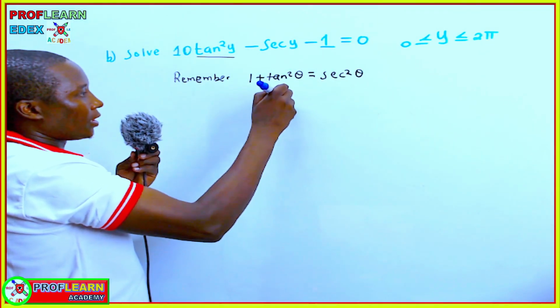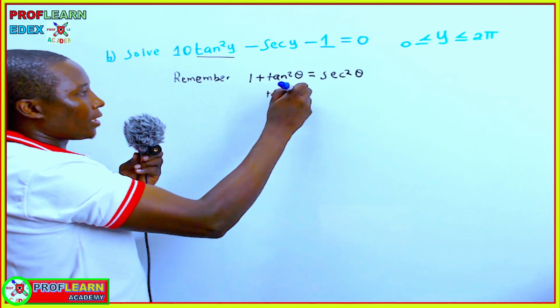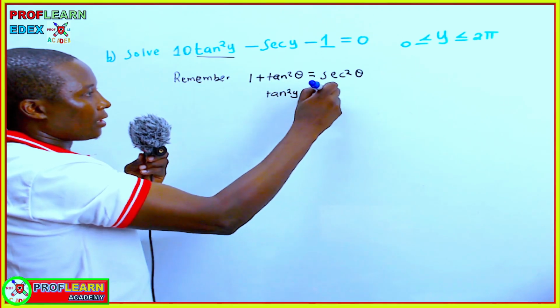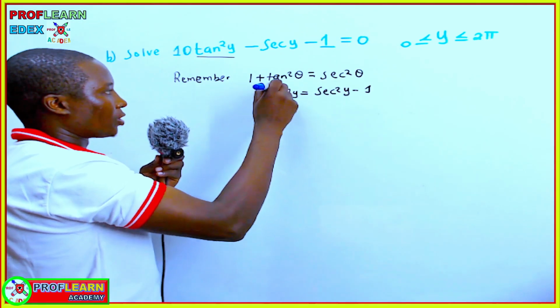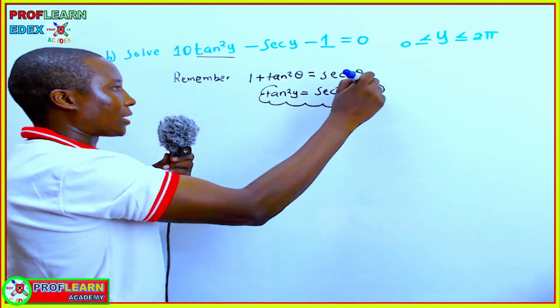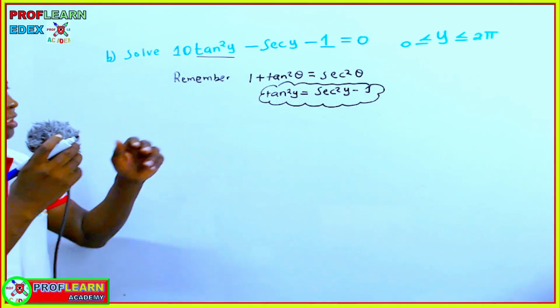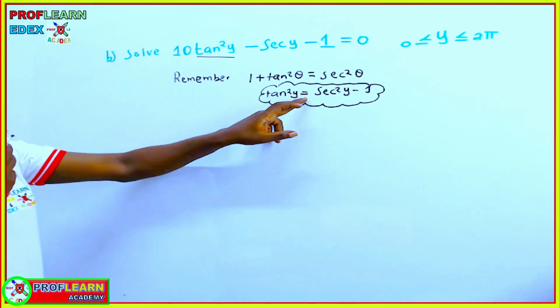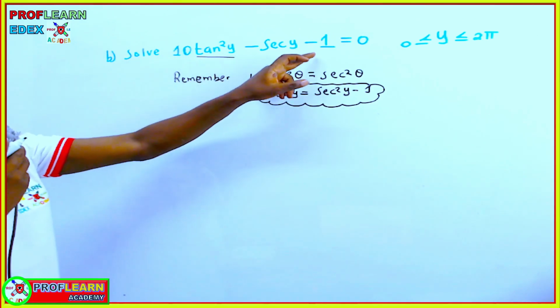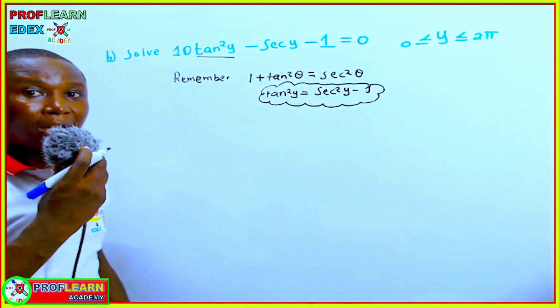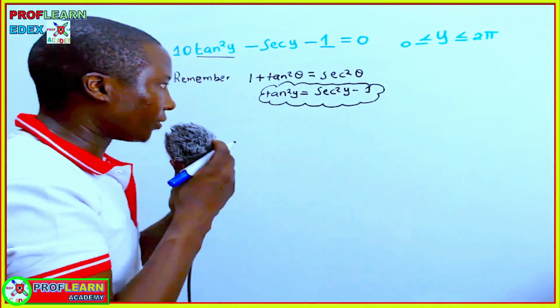So tan squared y can be replaced with sec squared y minus 1. This is the part we are going to work with, so that we ensure all the terms are in sec, and then we are going to form a quadratic equation.